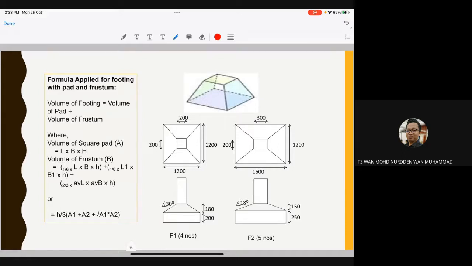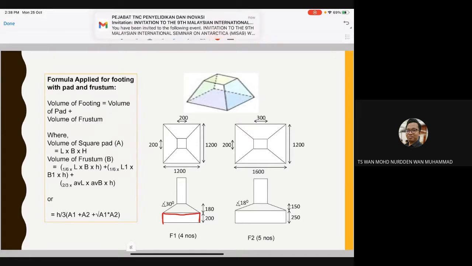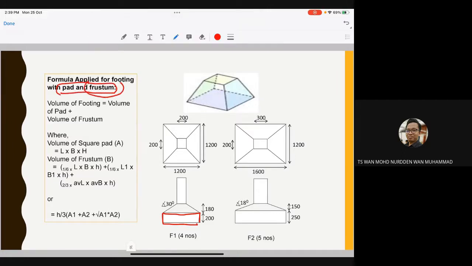Okay, yang kat bawah ni kita panggil sebagai the pad lah kan. Footing with pad and frustum. Okay, apa frustum? Frustum tu yang ni. Dia nak cakap piramid tak juga, sebab kalau piramid dia sampai ke atas kan. Okay, sampai ke atas, tapi yang this one kita keluarkan.